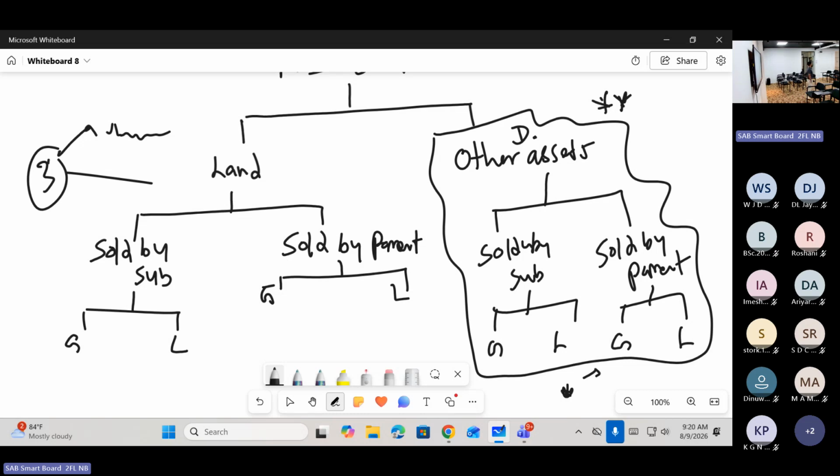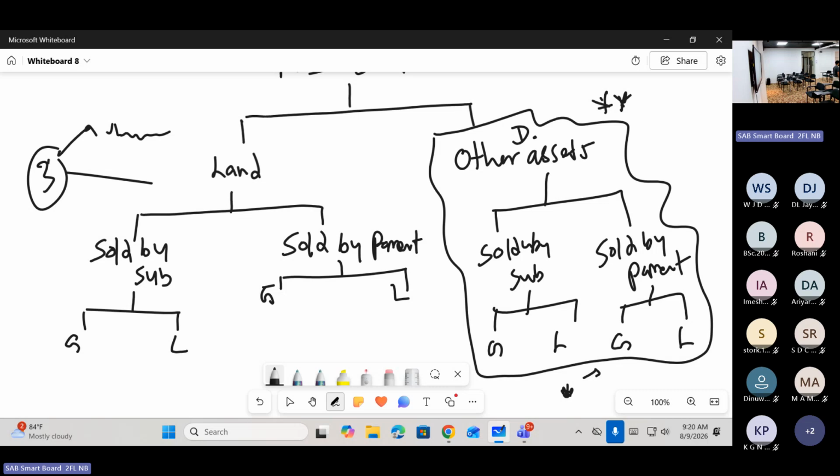Once you are finalizing the consolidated financial statements, this is a reversal entry.